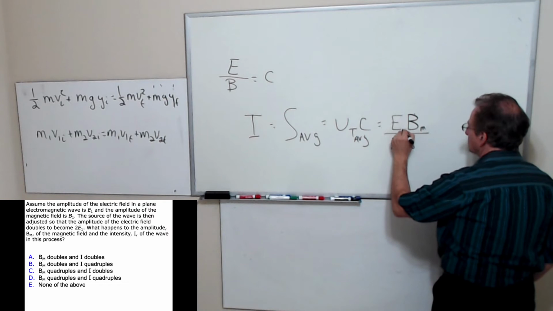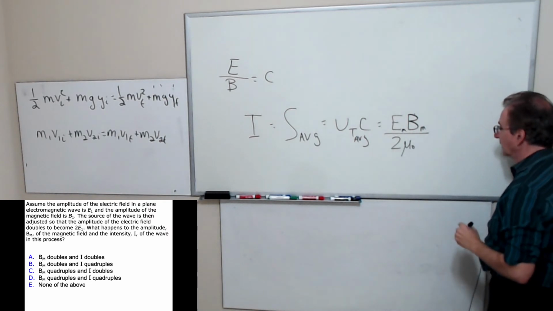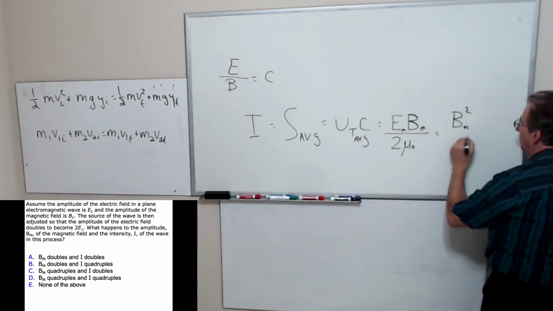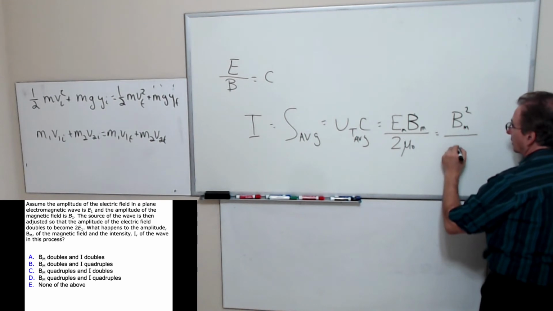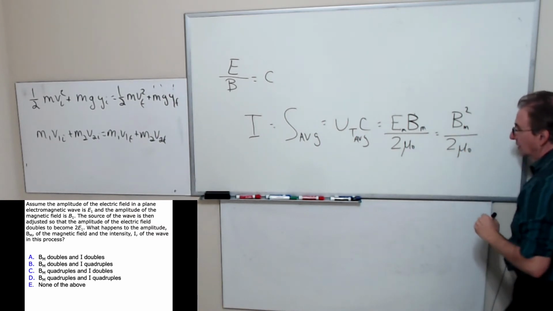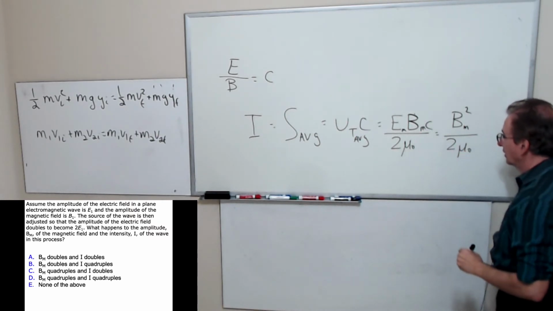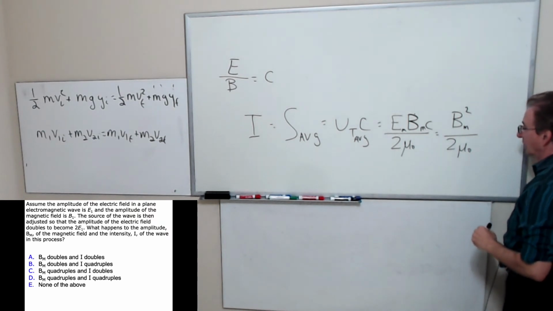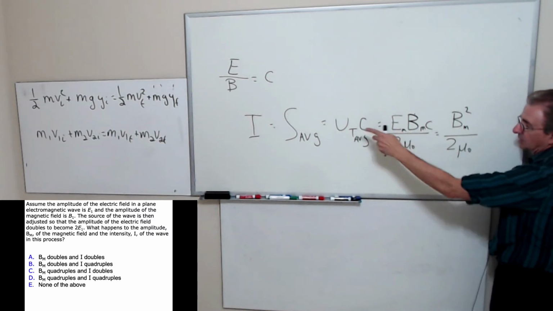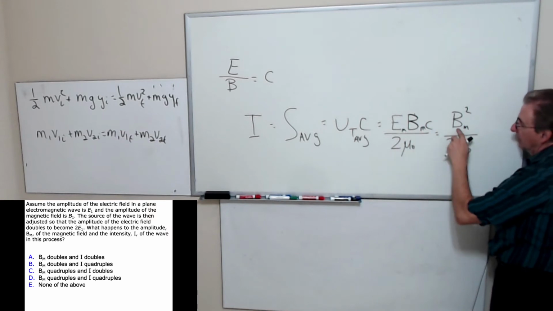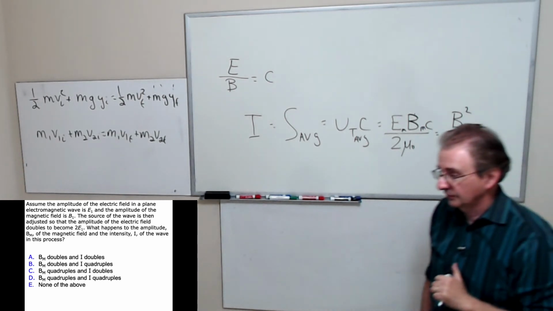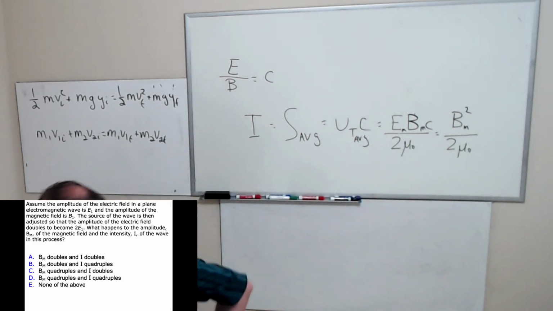And these are the magnitudes. It can be written as B sub m squared over 2 mu naught. Oh, there should be a C here. But either way, you can see that if you double one and you double the other, that's got to go up by a factor of 4. If you double this, I is going to go up by a factor of 4. So that means that the answer to this one was B.